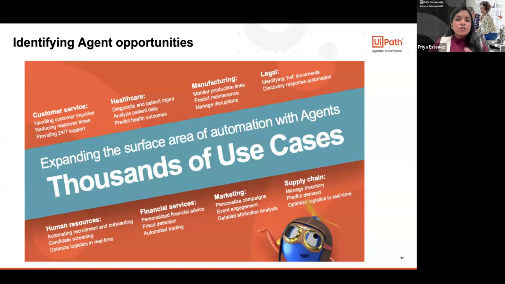And pretty soon, I know the Agentic Summit is about to happen in the following month, so feel free to sign up for that, because you could get a lot of ideas from the use cases that will be presented in the summit. I think it's happening on March 25th, so please sign up for that.